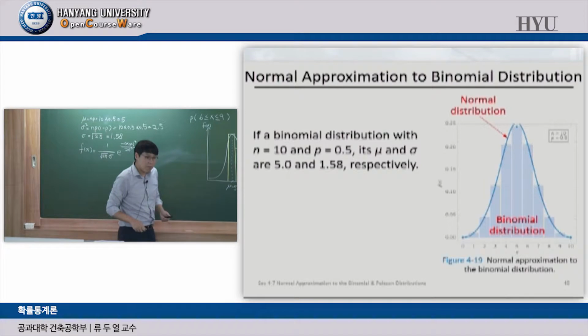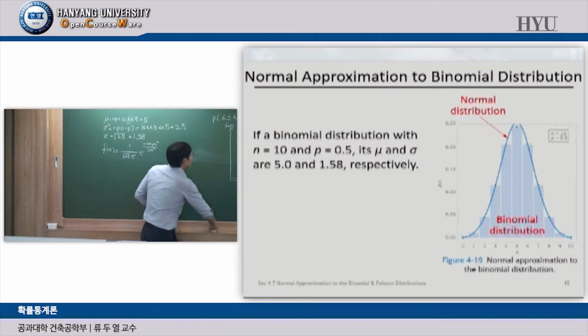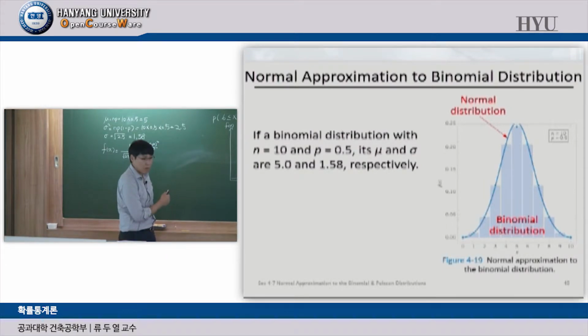If we calculate this probability based on the binomial distribution, that will be the probability of X equal to 6, plus the probability of X equal to 7, plus the probability of X equal to 8, plus the probability of X equal to 9.